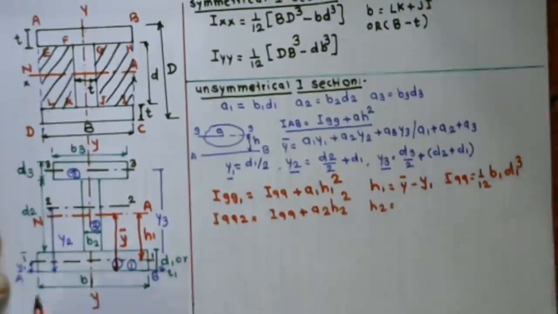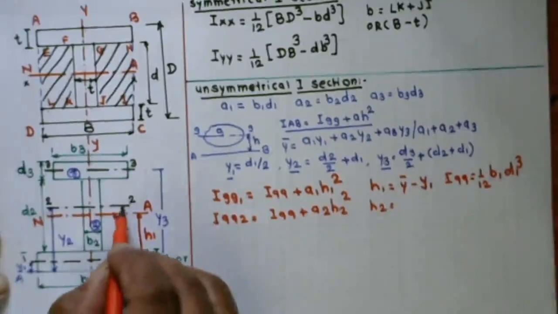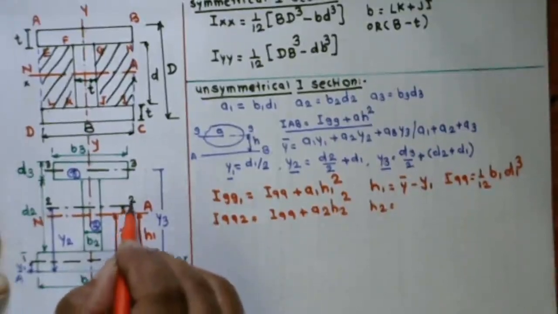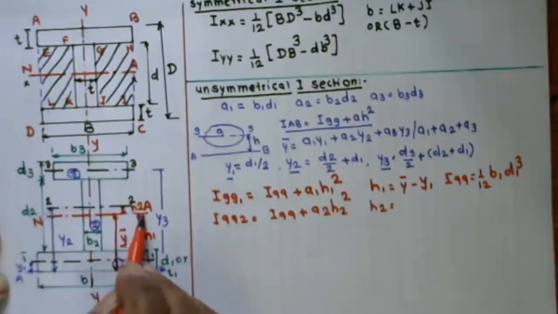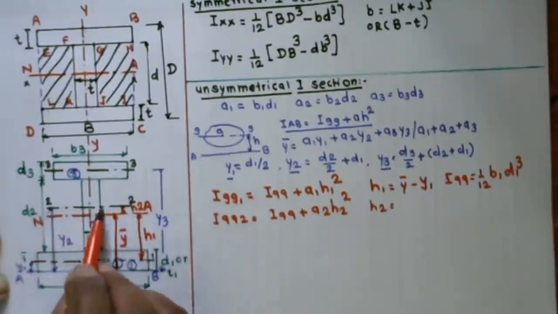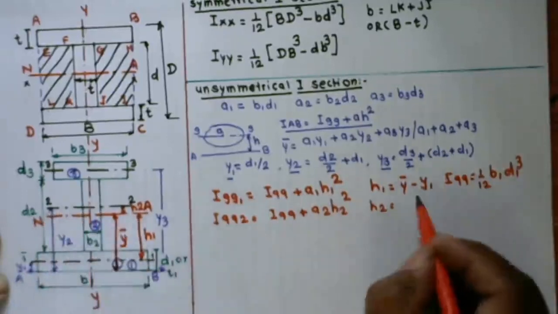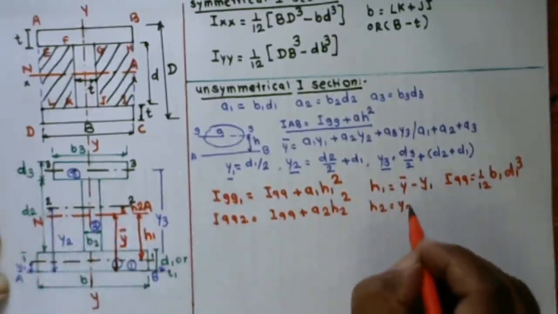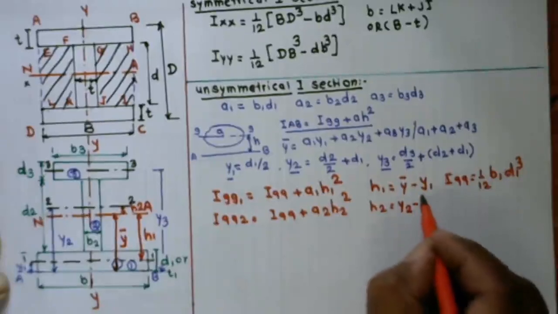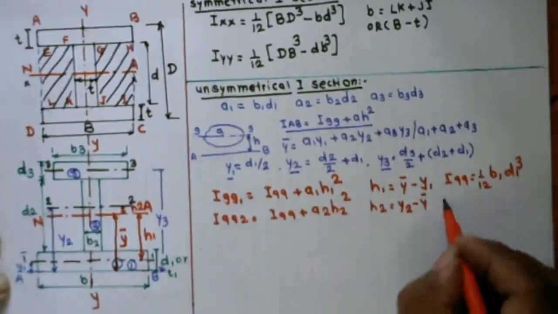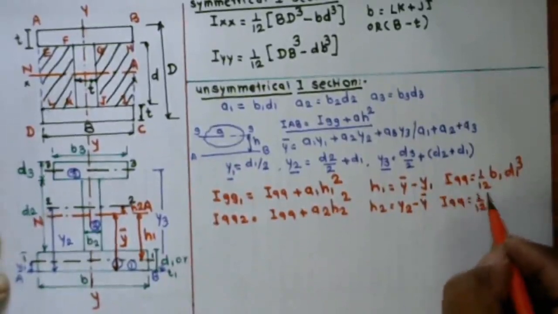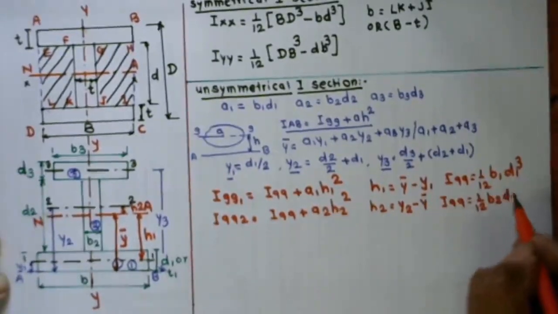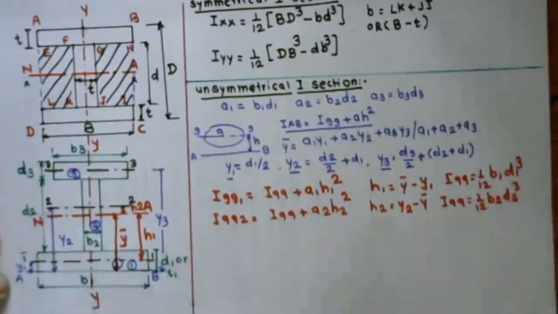H2 is the distance between the centroidal axis of the whole figure and the centroidal axis of figure number 2, so h2 is y2 minus y bar, and Ig2 is equal to 1 by 12 b2 d2 cube. In that way you may write it.